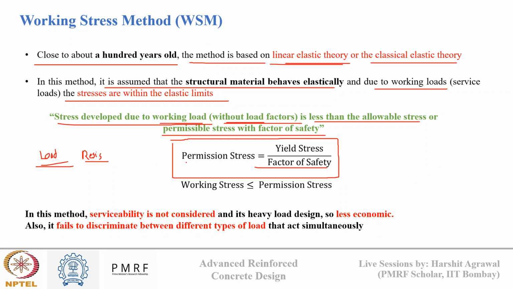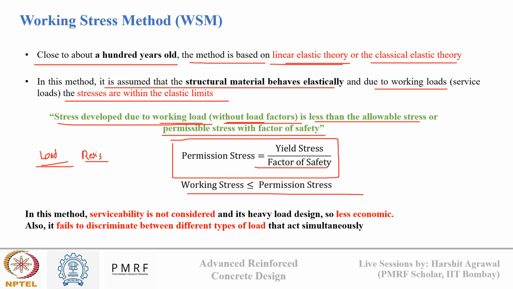So it's like we are decreasing the resistance offered by the building so that we can ensure that the load that is acting will still be lower than the resistance offered by the building.